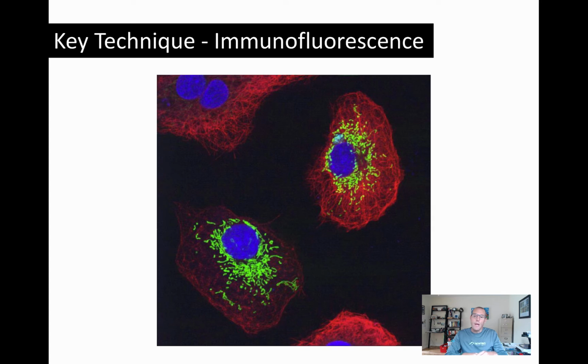Let's take another look here. A slight variation on this, which is not immunofluorescence, but is a variation of fluorescence microscopy. You can also tag or label proteins of interest with fluorescent proteins. You've probably heard about the green fluorescent protein from jellyfish. And so you can isolate the DNA for that jellyfish fluorescent protein.